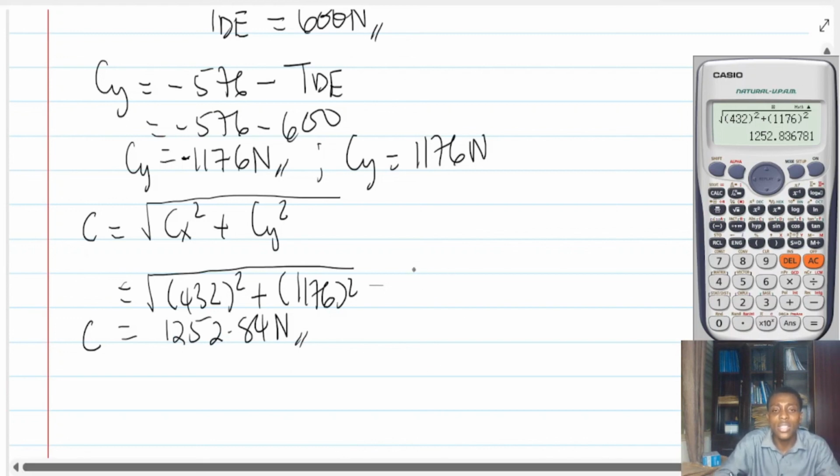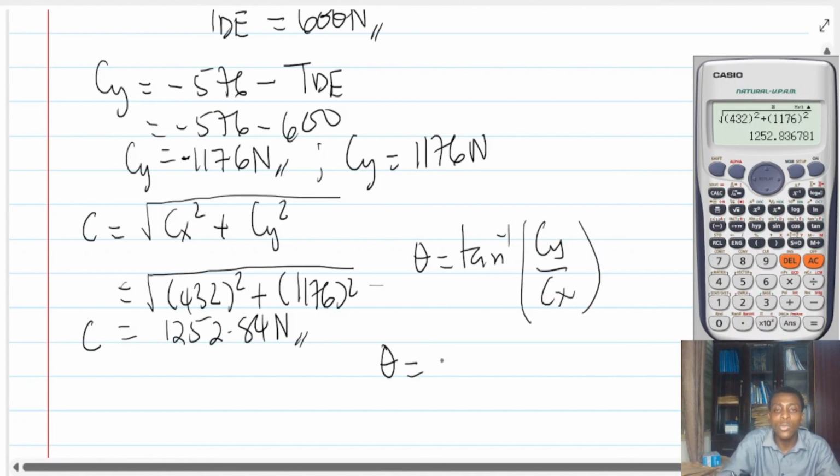Sometimes, if you are interested in the direction, then you can say that theta will be the tan inverse of CY over CX, which is 1176 divided by CX, which is 432.